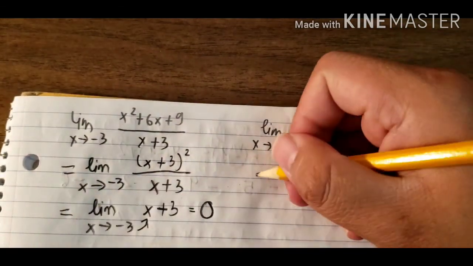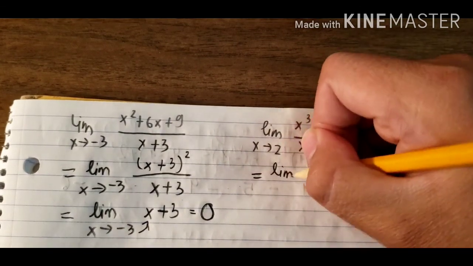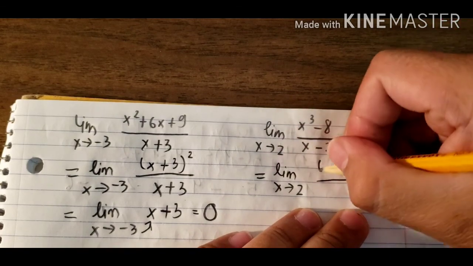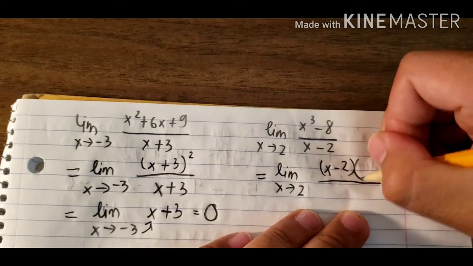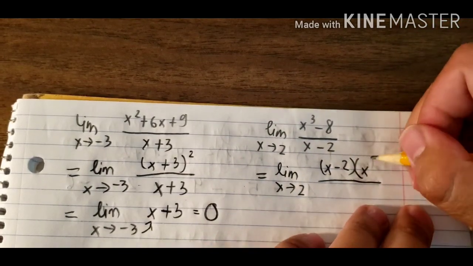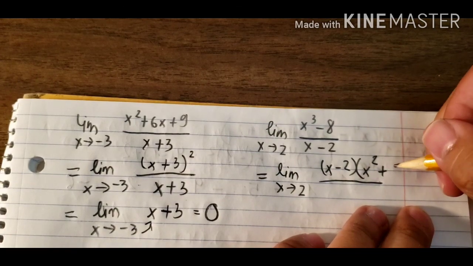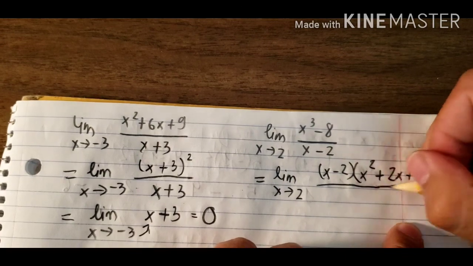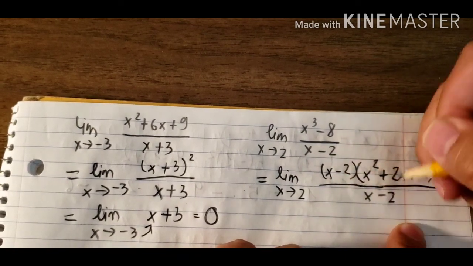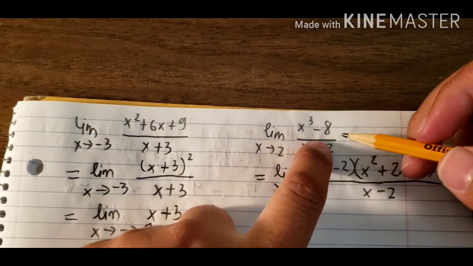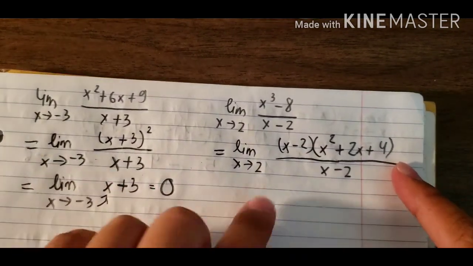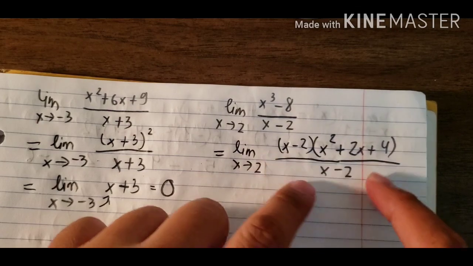This one, we have the limit, s plus 2, we have s minus 2, and s power 2 plus 2s plus 4, and s minus 2, because that's s power 3 minus 2 power 3, and we got the two factors like this.